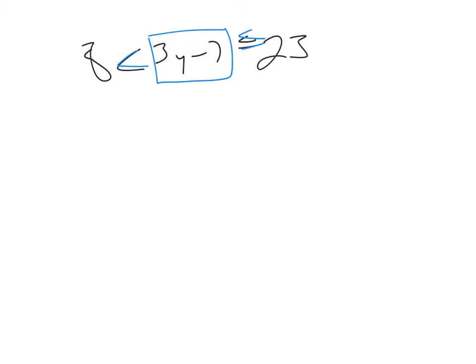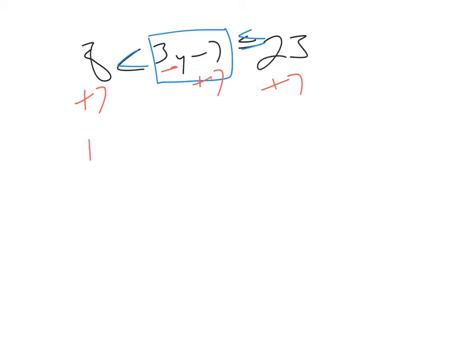To solve this compound inequality, we do what we normally do, except it's kind of cool. Our goal is to get the y by itself, so we add 7 to all three quote-unquote sides of this inequality.